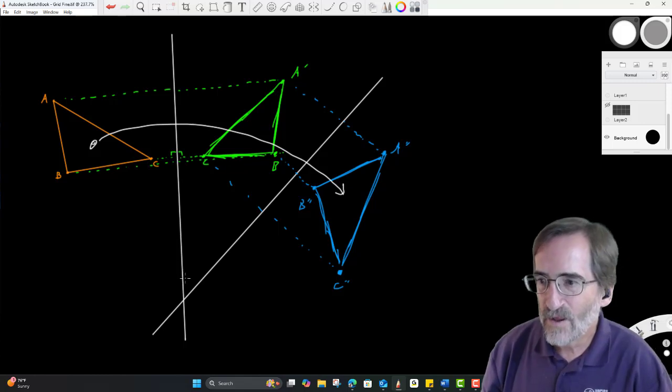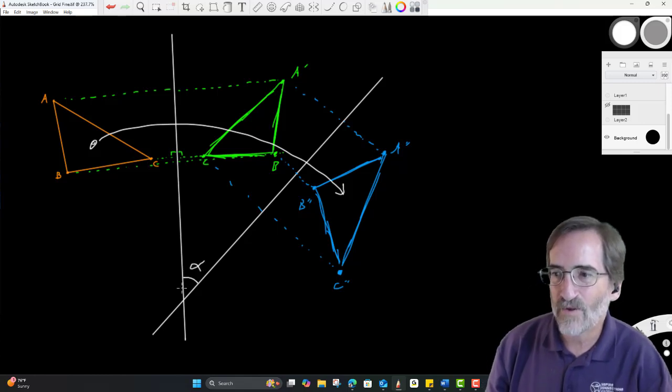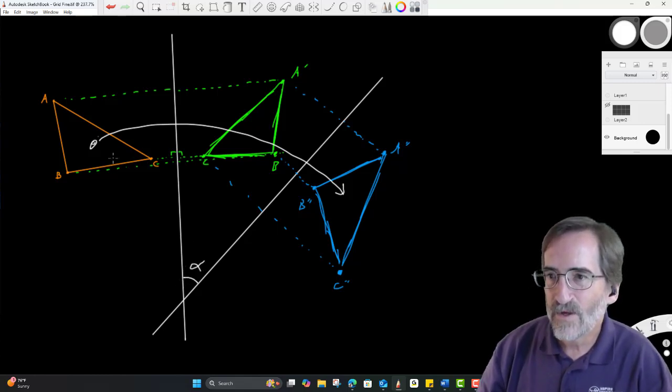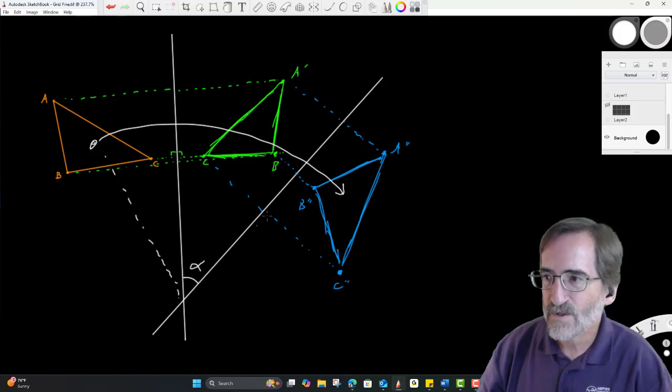And if I label this angle, and I think the textbook used the Greek letter alpha, you can label it anything you want, then the angle of rotation, which is the angle between the two triangles, is twice that.